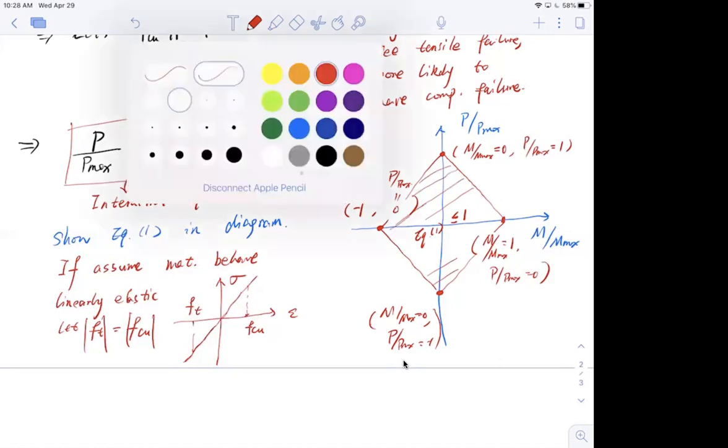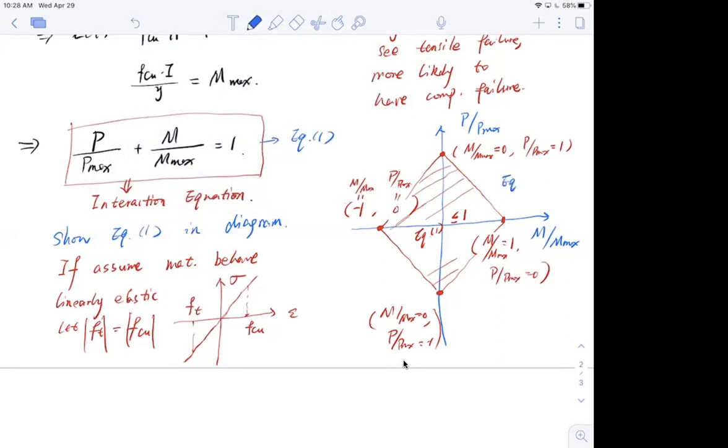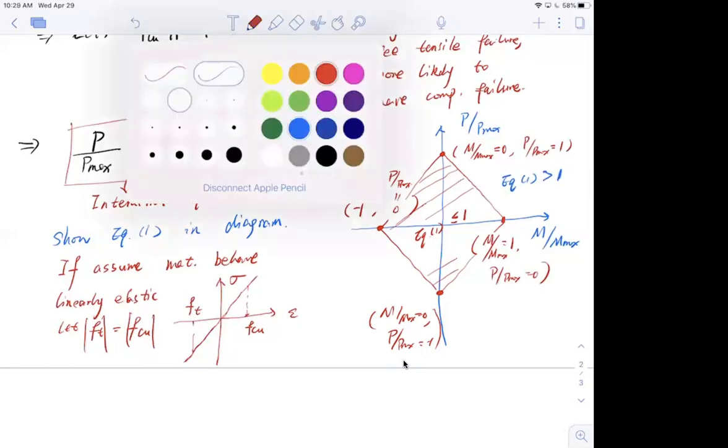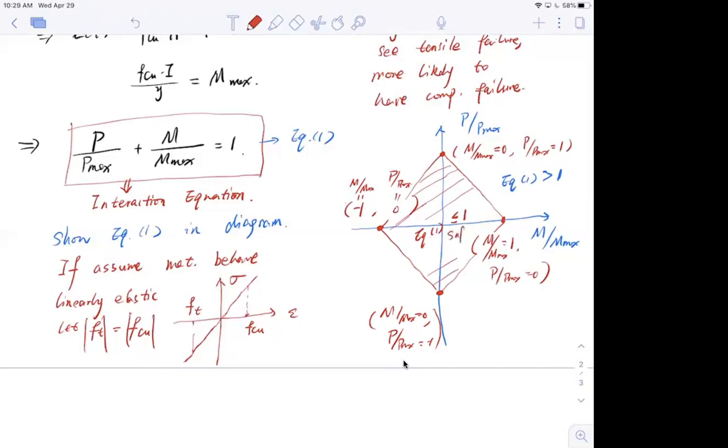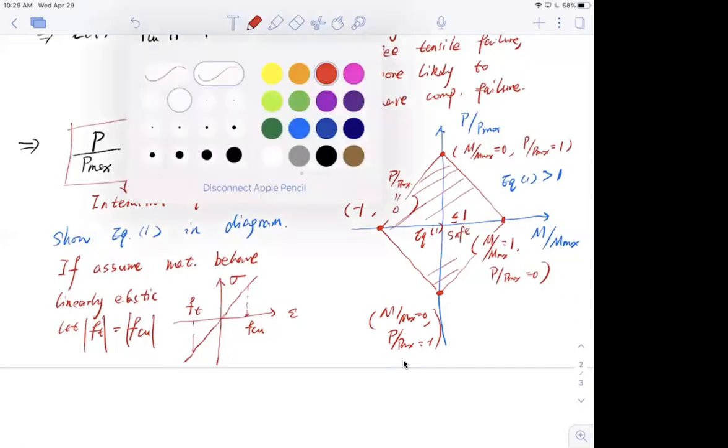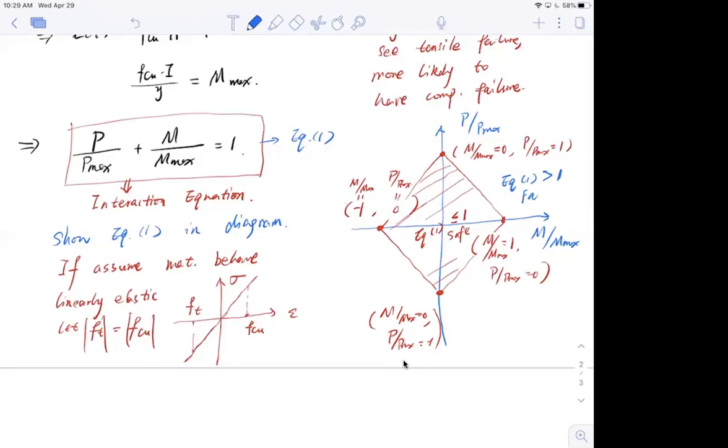Outside, I'm gonna use blue here, the equation is bigger than 1. So inside is safe, outside is failure. So this is the concept of the interaction diagram.